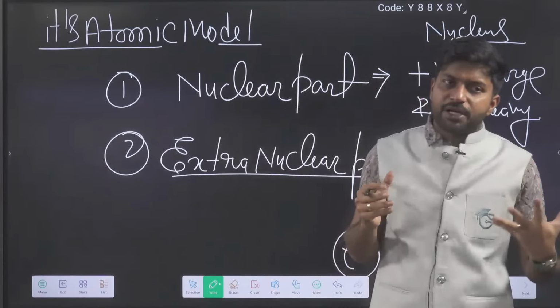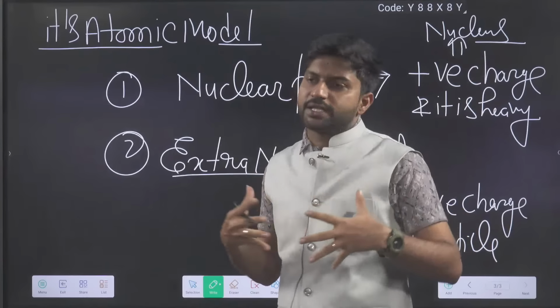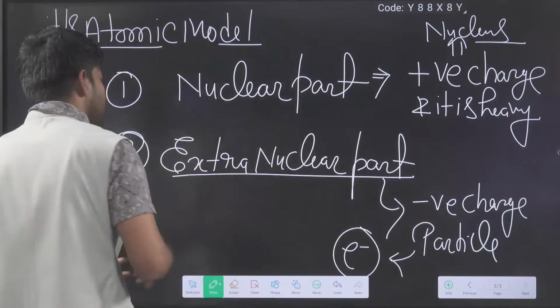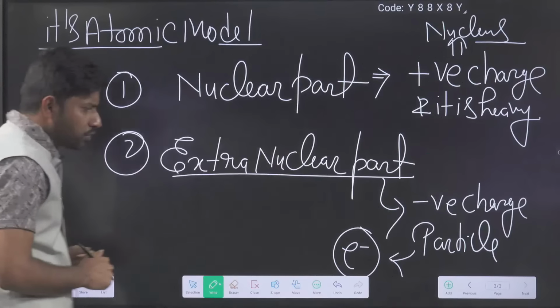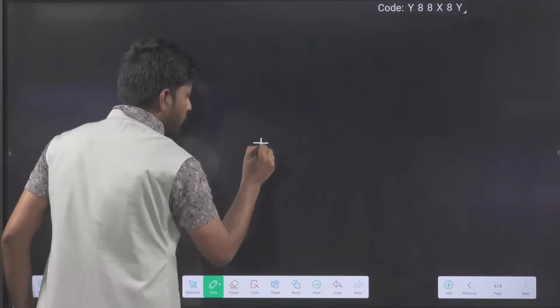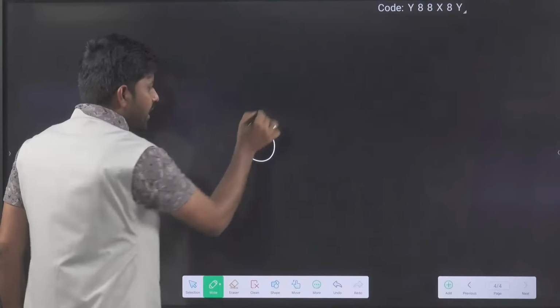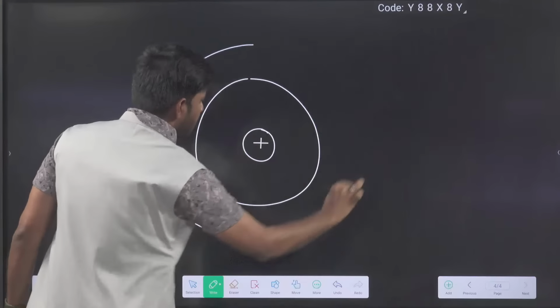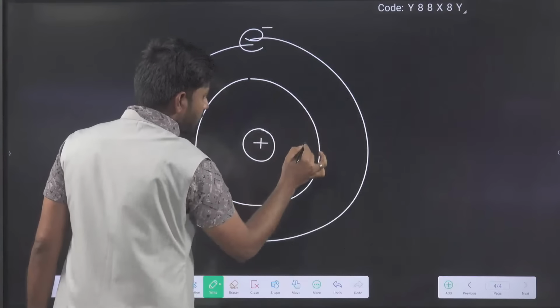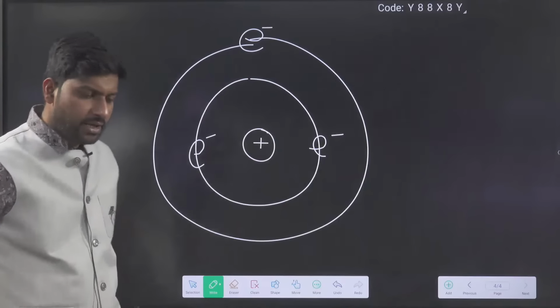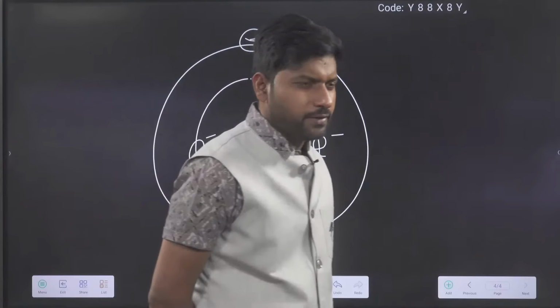Now, as per the Rutherford hypothesis and his experiment, he concluded that the atom looks like this: nuclear part is available, and around that the extra nuclear part is there, and electrons are available in the extra nuclear part. In this manner.